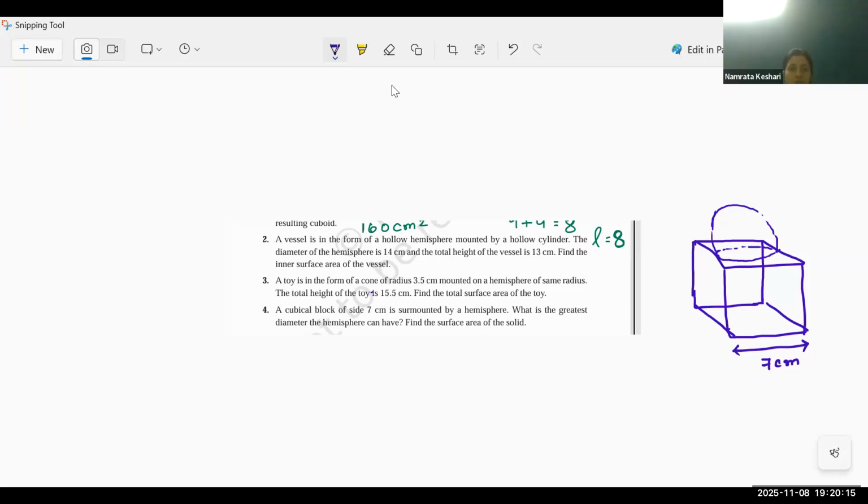What is the greatest diameter the hemisphere can have? This hemisphere is surmounted on the top of the cubical block, and the question asks what can be the diameter of this hemisphere. I am drawing the circle bold so that you can understand how exactly the diameter will look.